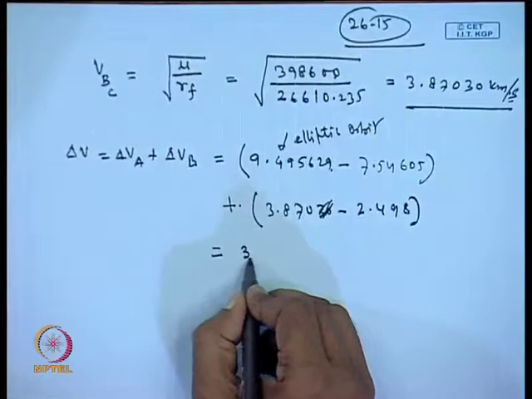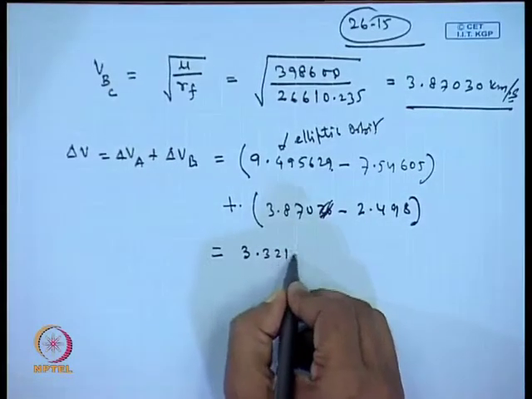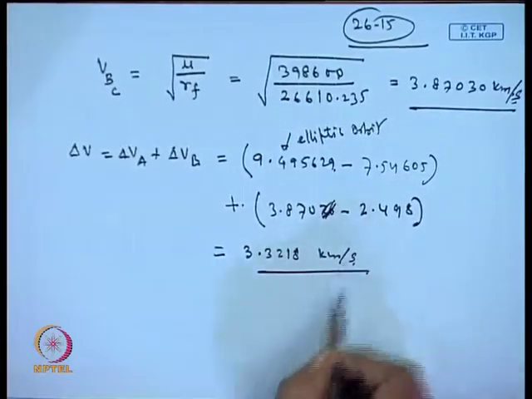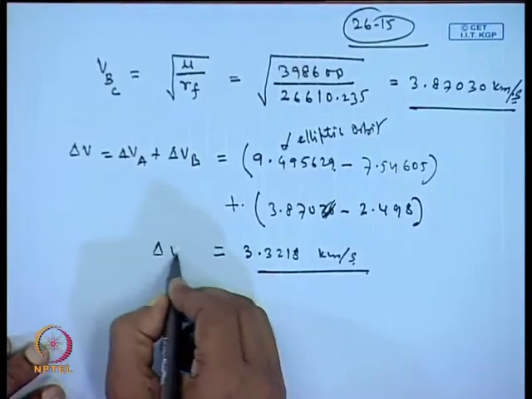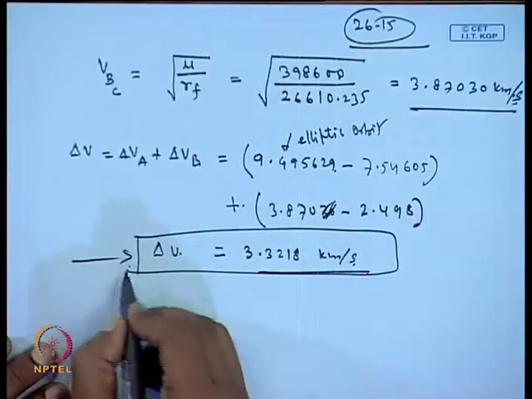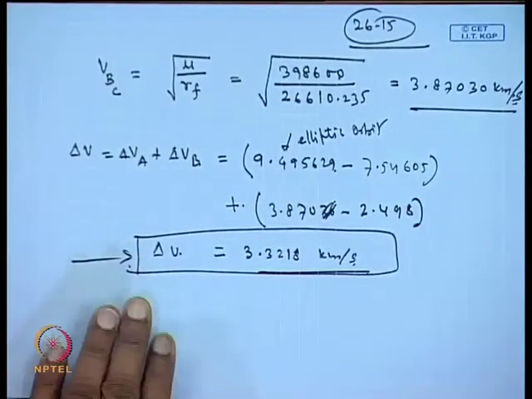So, this will give the value 3.3218. Okay, so, this is the total impulse required, or the total velocity change required that we need to provide.